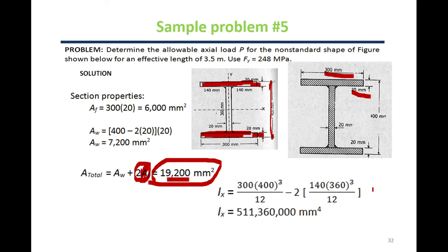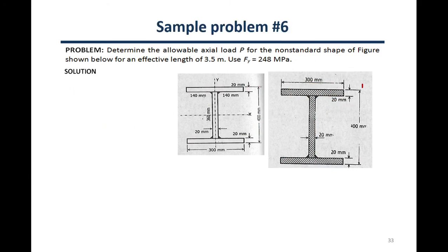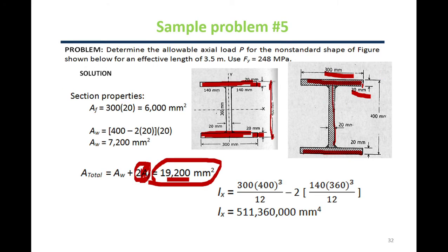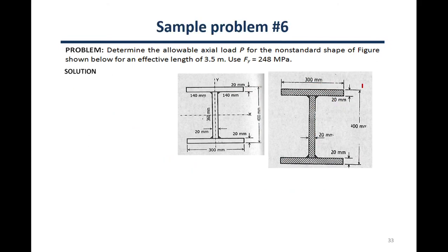Okay, next. So, we have here to solve for the Ix. Diba? So, Ix nito, Ix niyan. So, makukuha mo is 511 million millimeter to the fourth power.